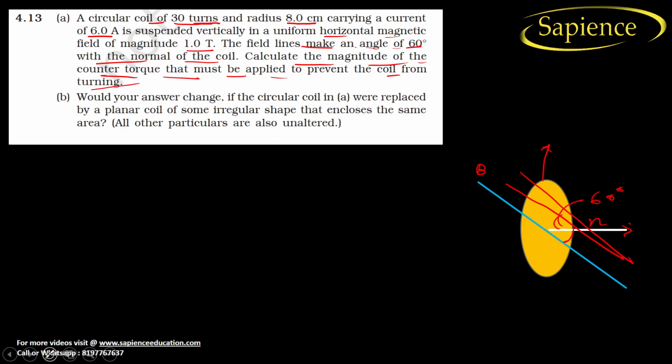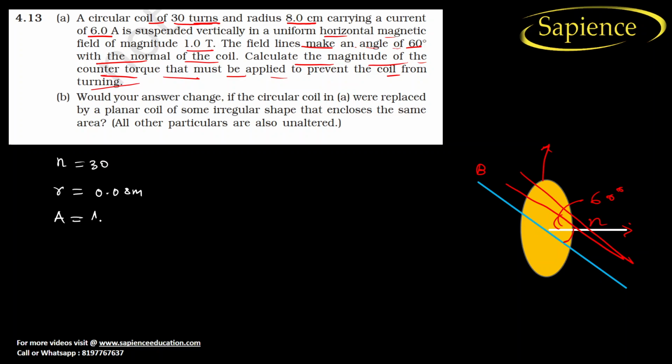So we need to find out the torque. First of all, what they have given you. N is the number of turns, so that is equal to 30, and r, the radius, is 8 centimeter, which means 0.08 meter. Always try to write all the things in standard units.